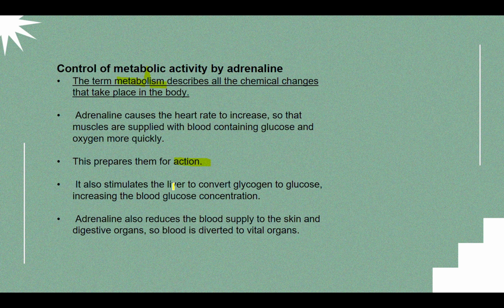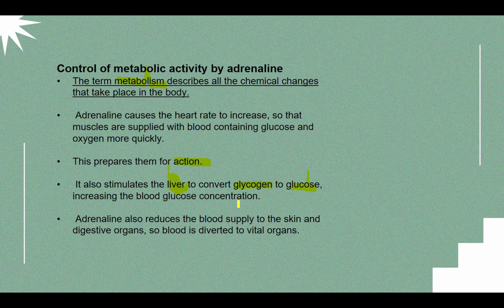It also stimulates what? The liver to convert glycogen to glucose, increasing the blood glucose concentration. We will be talking about glucose concentration right after this slide, so I'll tell you more details, but generally, the liver is there for what? It is there to convert glycogen and glucose.